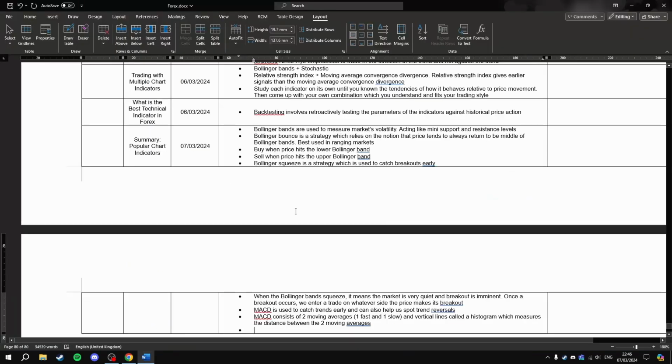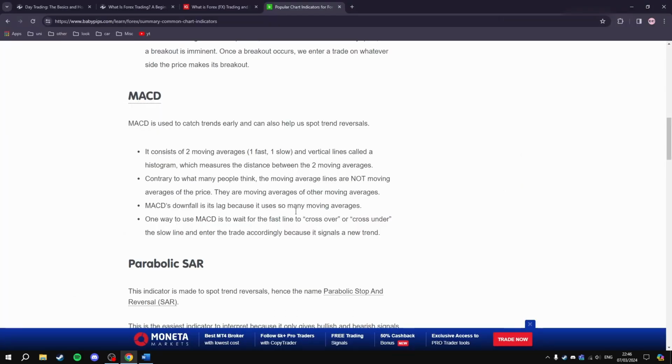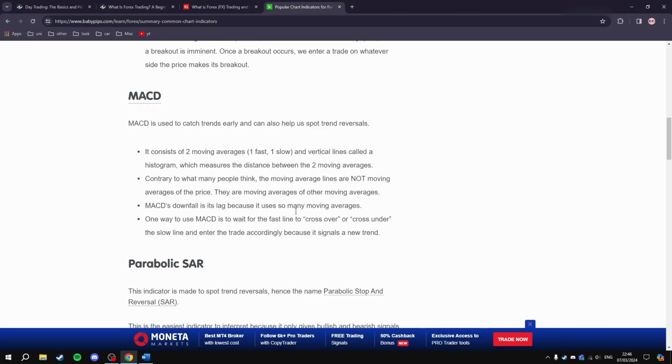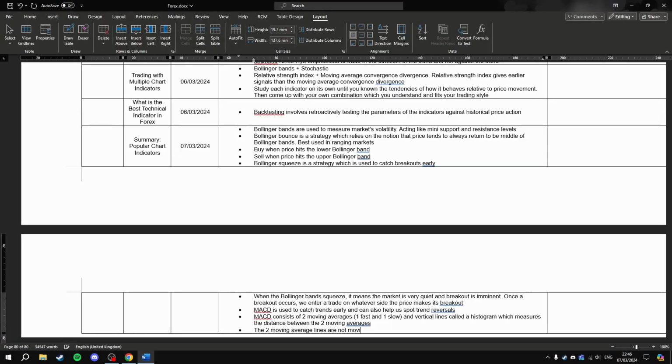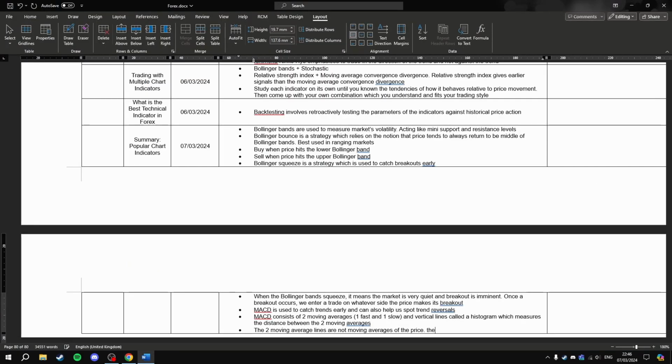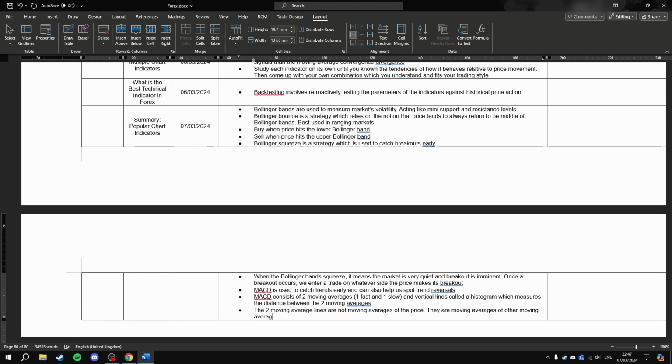The two moving average lines are not moving averages of the price. They are moving averages of other moving averages.